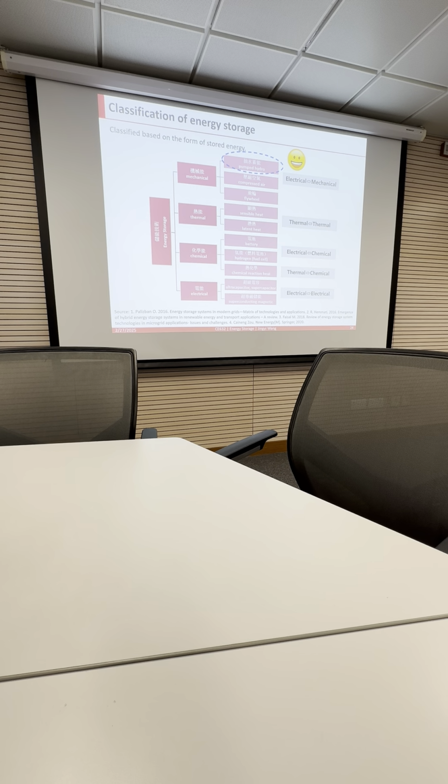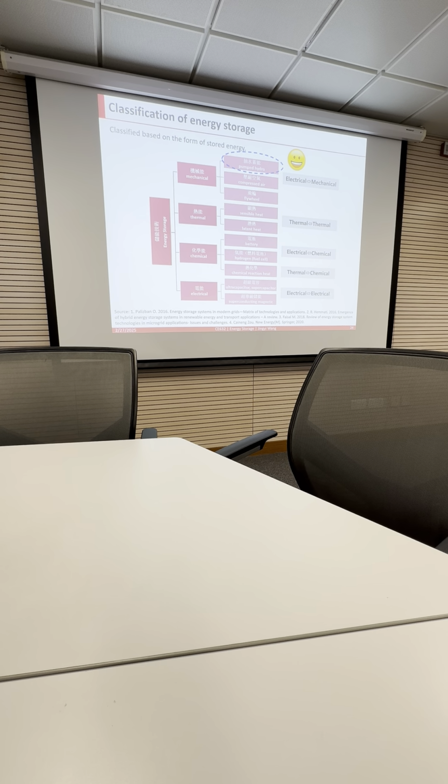Now the very first one is the pump hydro, which is most widely used today. But before that, I would like to introduce some characteristic parameters to you at the very first. Because we will discuss some of the characteristics for each technology, maybe I think it will be good for you to have an overview beforehand.